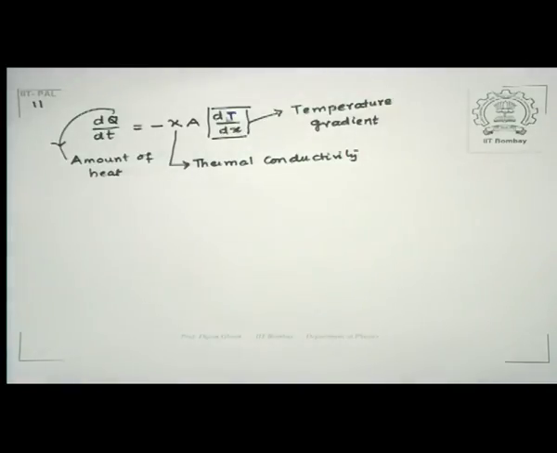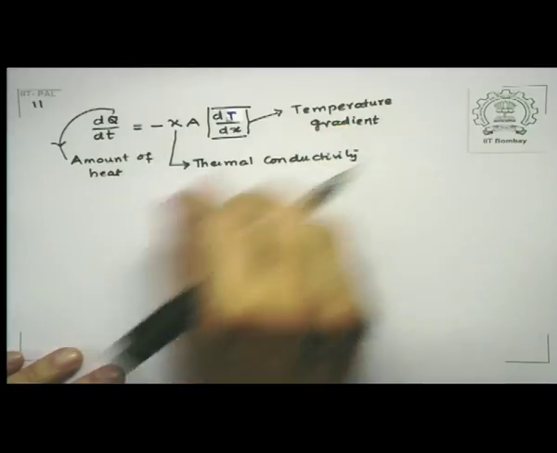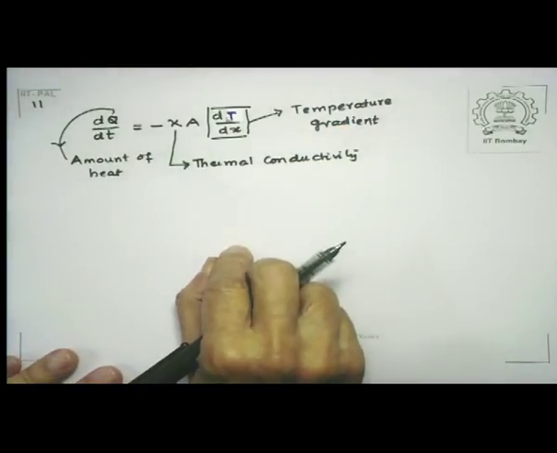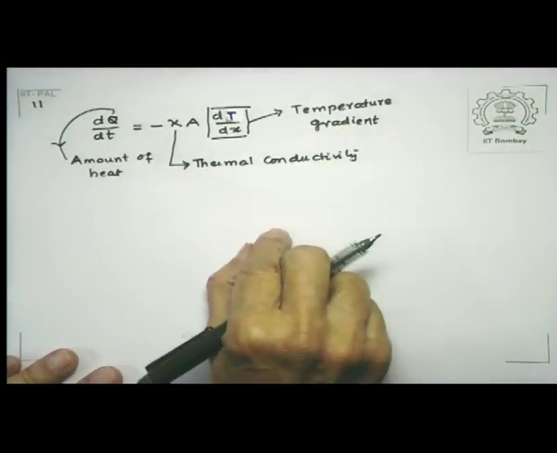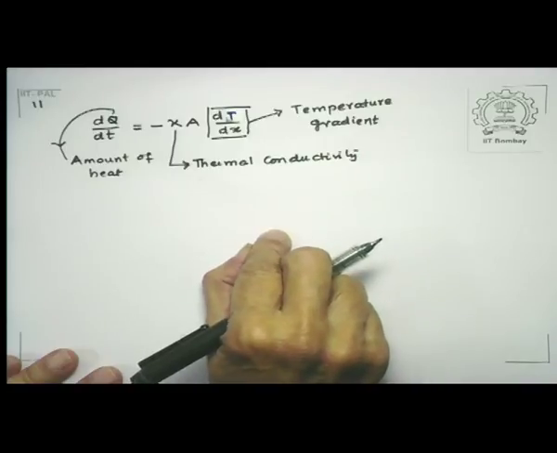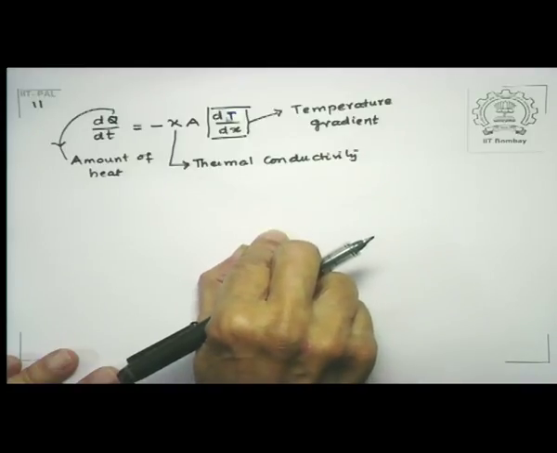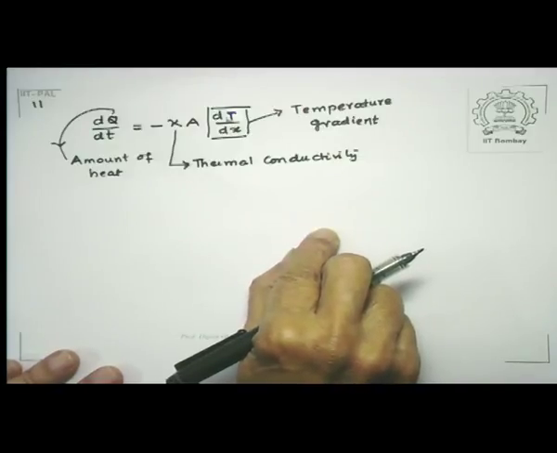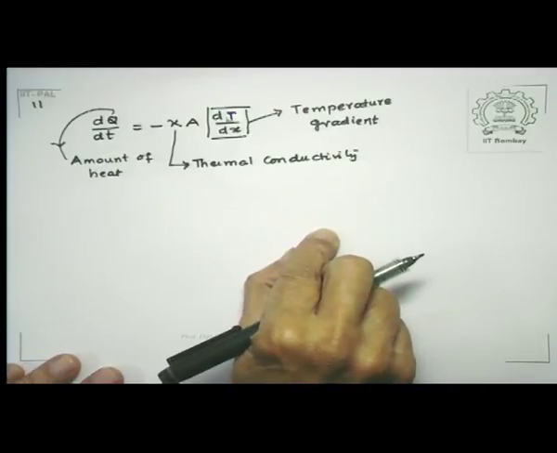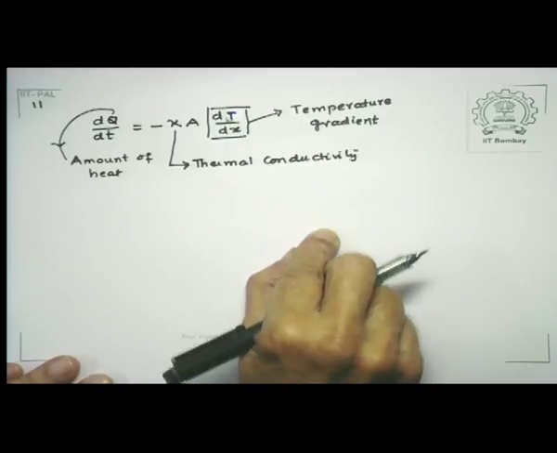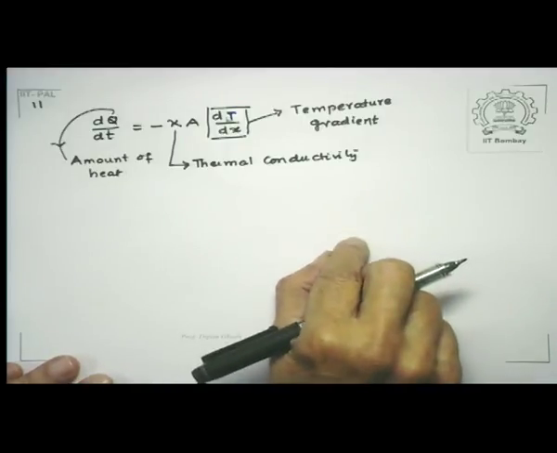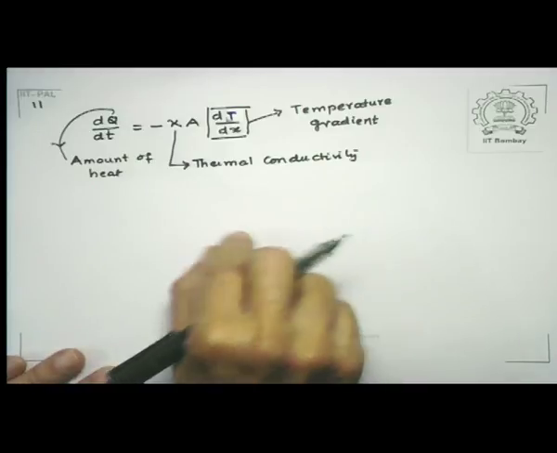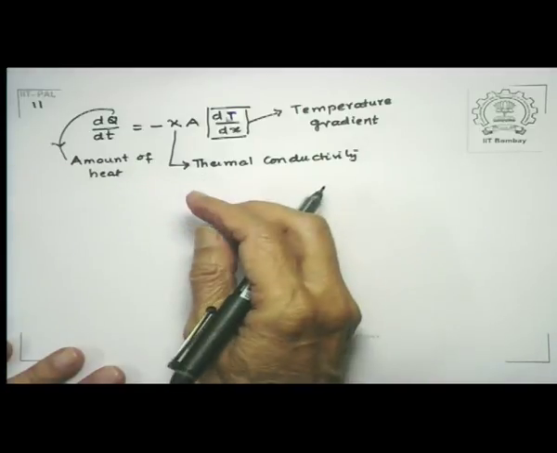And this temperature gradient is required because heat flows from higher temperature to lower temperature. Now we immediately recognize there is a similarity. In fact, the similarity is not just accidental, and there is a reason for this similarity, and that is because transport of heat takes place by transport of electric charge.